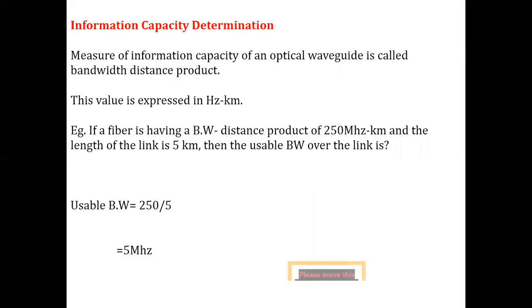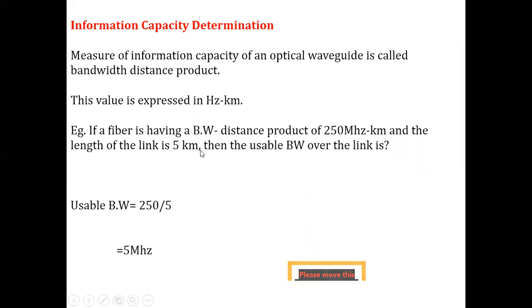As we have seen, due to spreading or broadening of light in the optical fiber, the information carrying capacity becomes very less, right? So if you want to calculate how much is the usable bandwidth, this is one example I have shown, right?